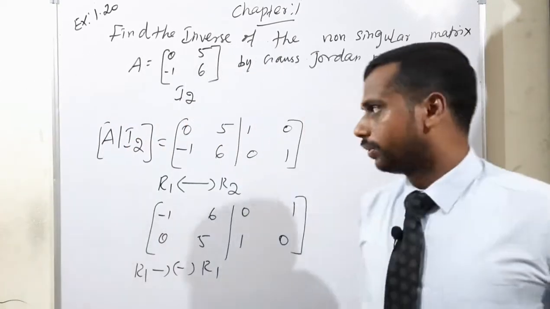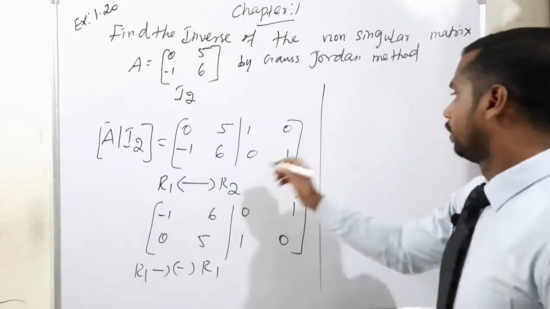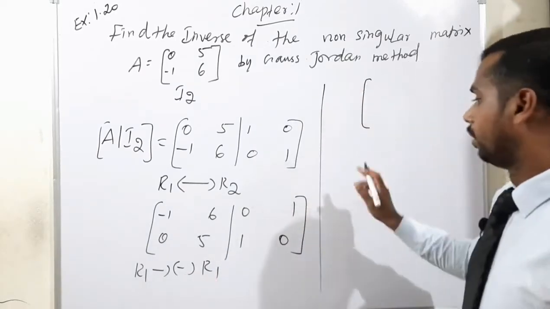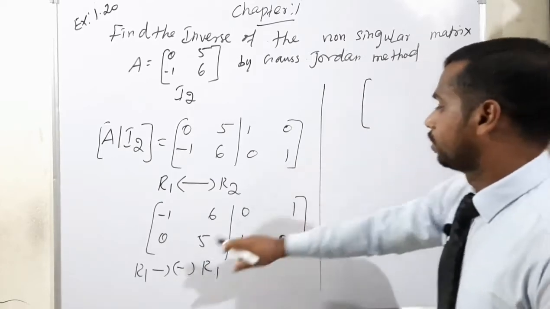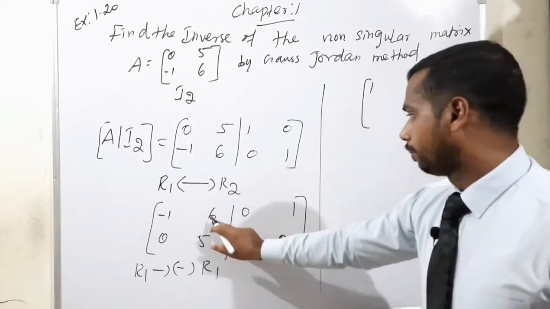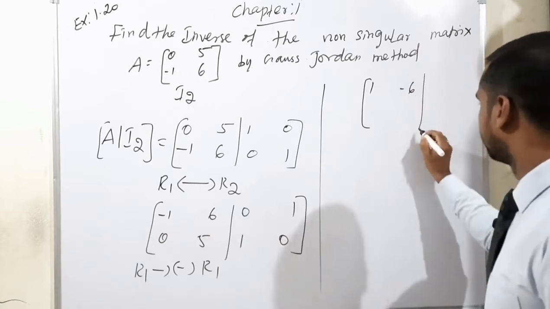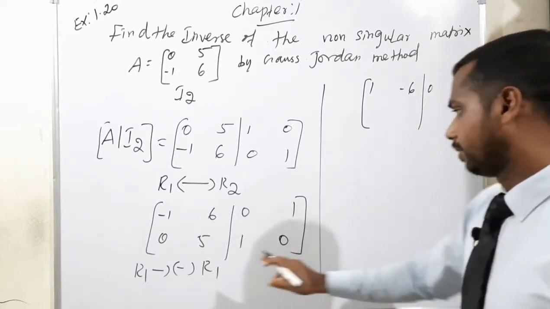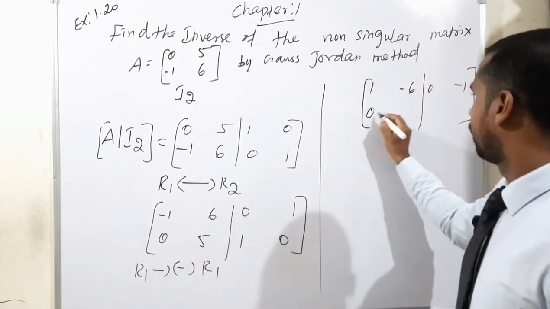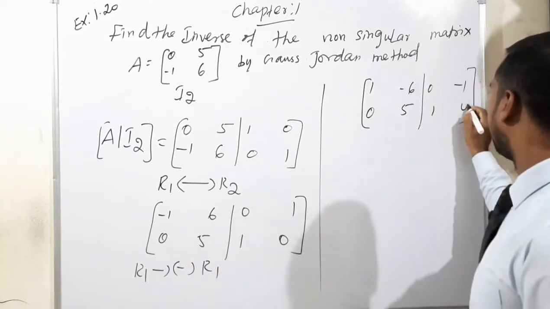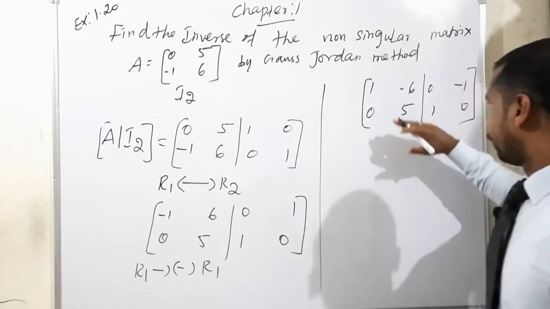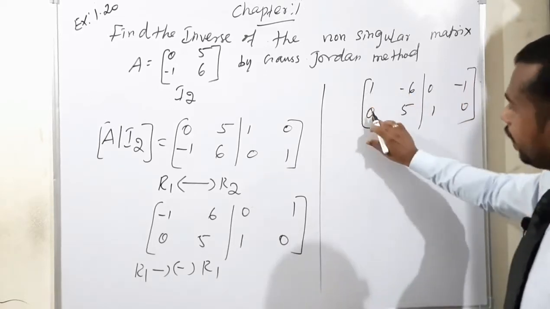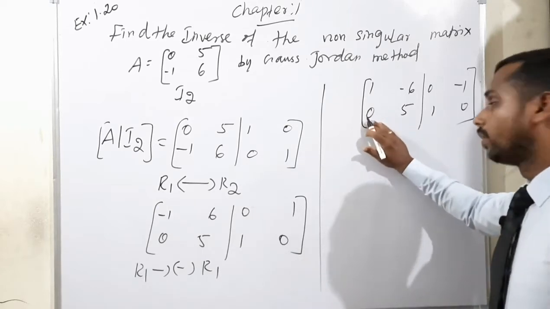So row 1 multiplied by minus: minus into minus 1 is 1, minus into 6 means minus 6. Next, 0 is there, minus 1 will come. Then second row as it is: 0, 5, 1 and 0. So the first leading diagonal 1 is over, and under it we already have 0.